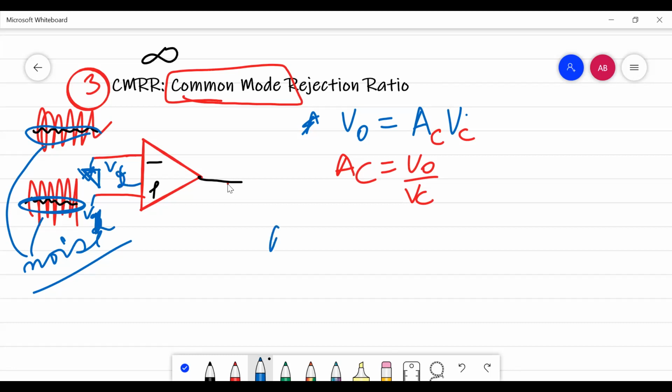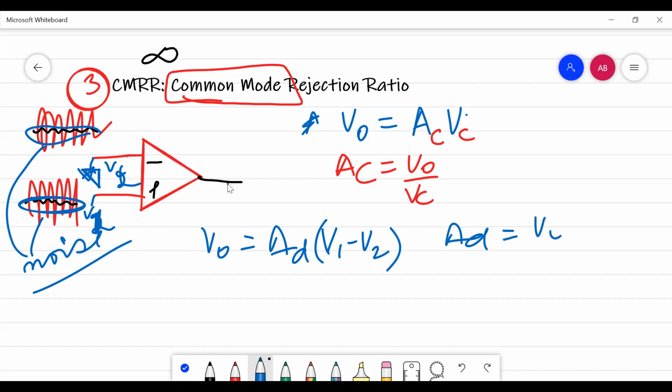So now this differential gain multiplied by V1 minus V2 will be the output here, right? This is the same op-amp to which we have applied it. Now AD will be equal to V0 upon the differential input VD, the desired signal that we require.